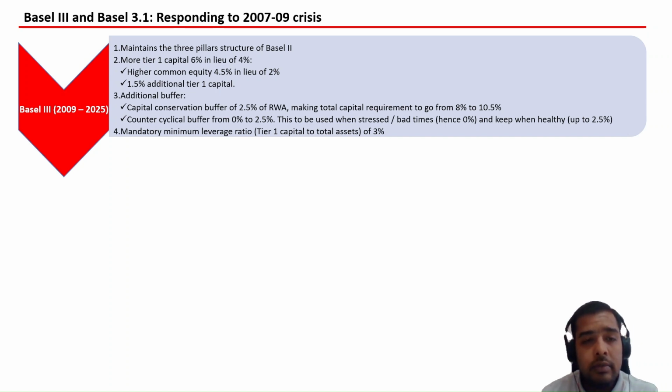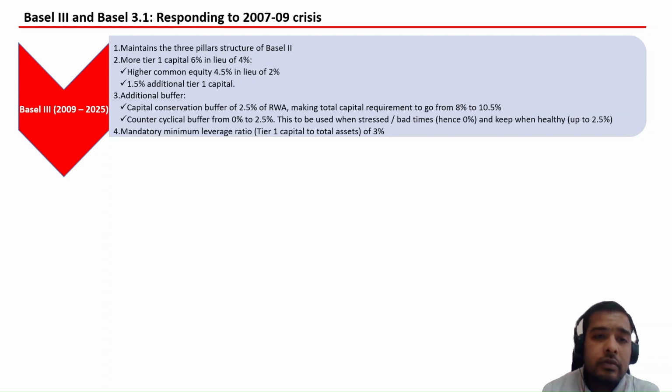The key changes outlined in the Basel III guidelines: it maintains the three pillar structure, but recommends a higher Tier 1 capital for the bank, so that the bank is adequately capitalized, and in any severe economic crisis condition, the bank is able to fund its losses and maintain its resilience.